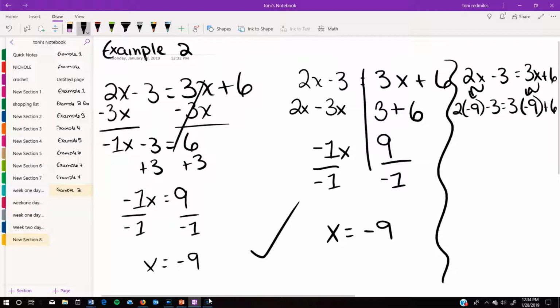Now let's get rid of our multiplication because we're doing order of operations, since it's a numeric expression. 2 times the negative 9 is negative 18 minus 3 equals 3 times a negative 9, which is negative 27, plus 6. Negative 18 minus 3 is negative 21. Likewise, negative 27 plus 6 is negative 21. Both sides are the same. It checks.